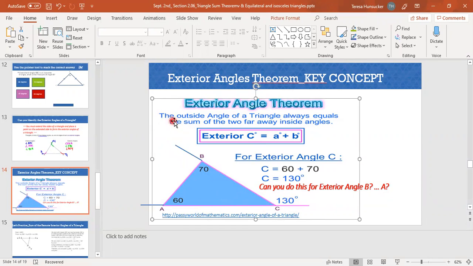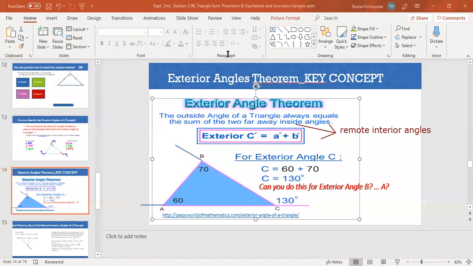By the way, there's a special name for the two far away inside angles, and I wouldn't be doing you justice if I didn't point that out. You'll see words like remote interior angles. Those are the two angles far away from the exterior angle.